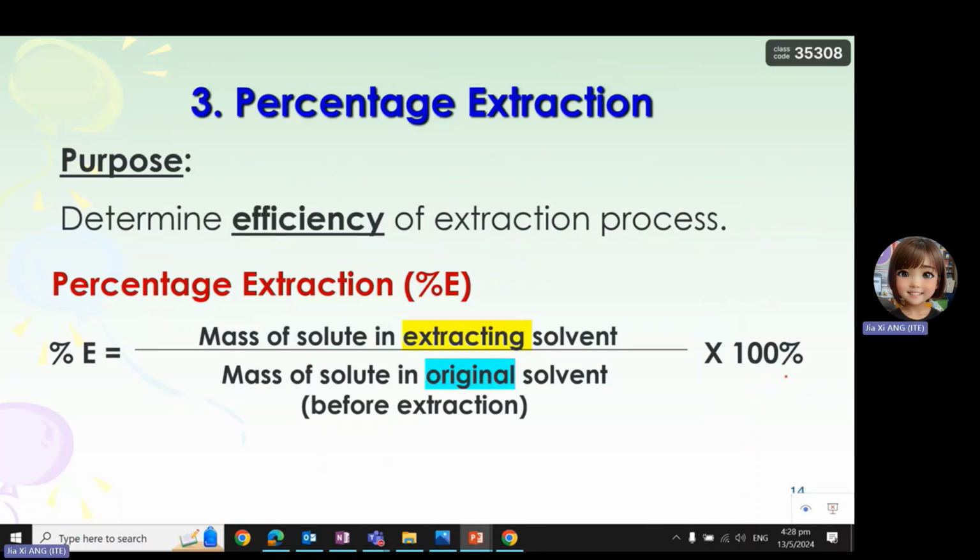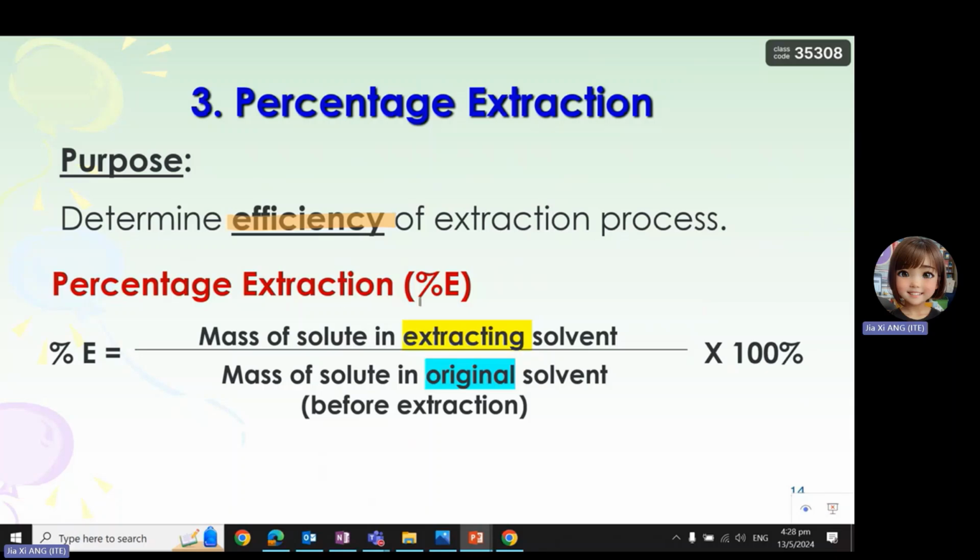Next, we have percentage extraction. For percentage extraction, let's look at the definition. It helps us determine the efficiency of the extraction process. Please take note that extraction is never 100%. You can never fully extract the solute using the extracting solvent. Usually you need to do multiple extractions.